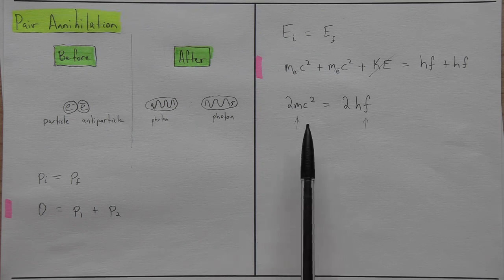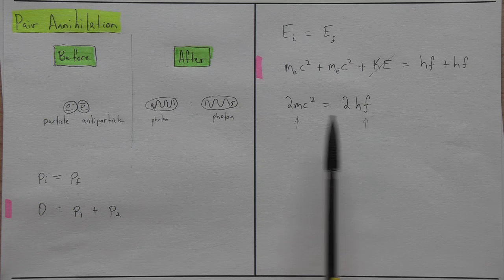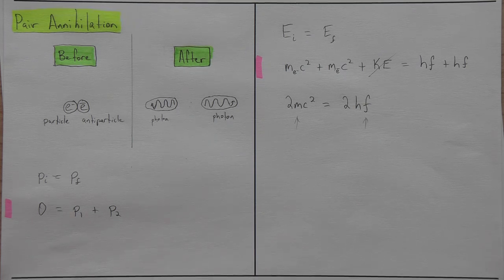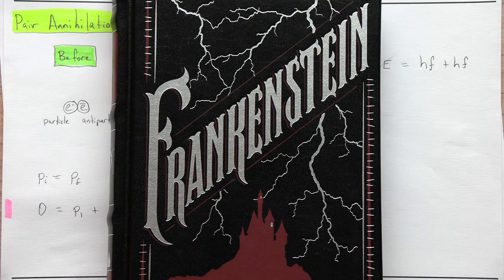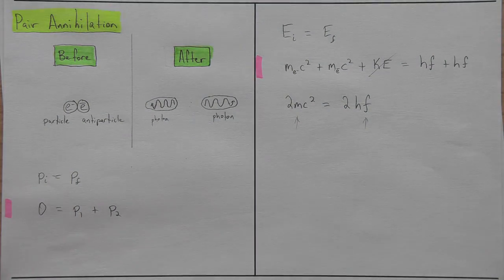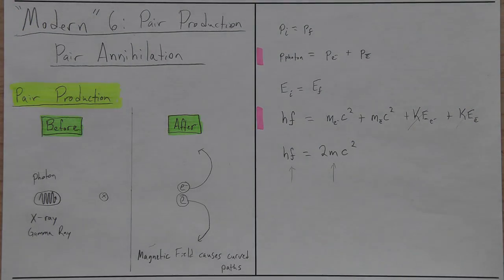And so here we've got a relationship for a certain mass of particle and antiparticle eliminating themselves. We can calculate the frequency of the photons released. So that's pair annihilation. Again, another remarkable effect beyond the fiction writers and the horror writers. You can have matter created from just electromagnetic energy.